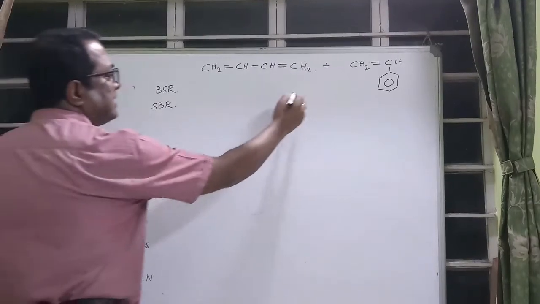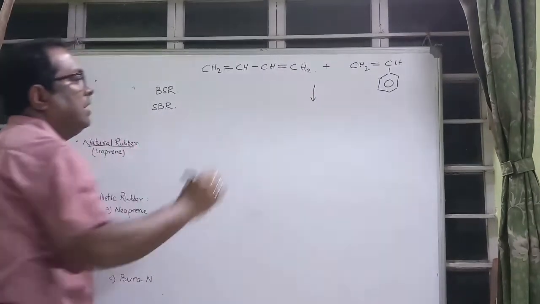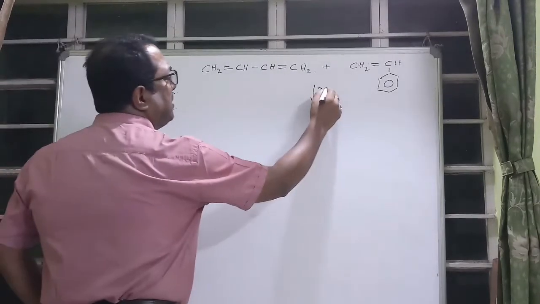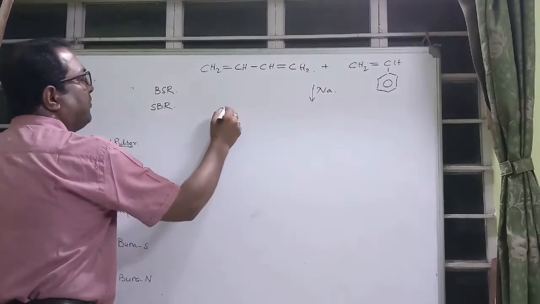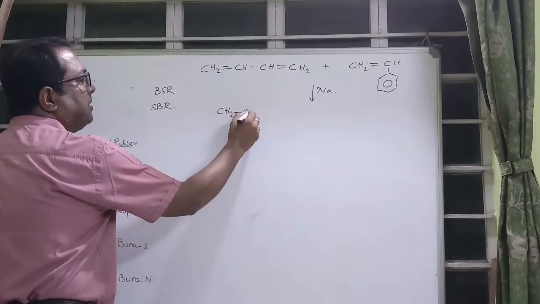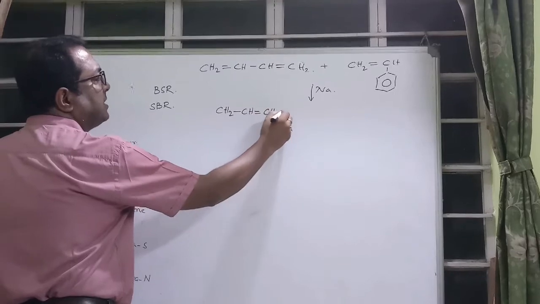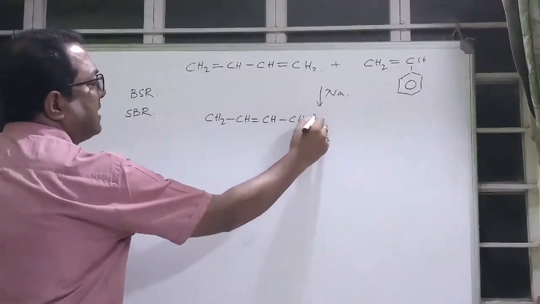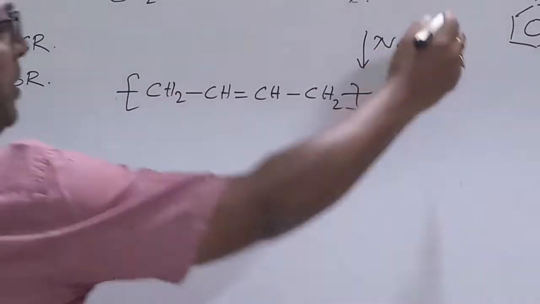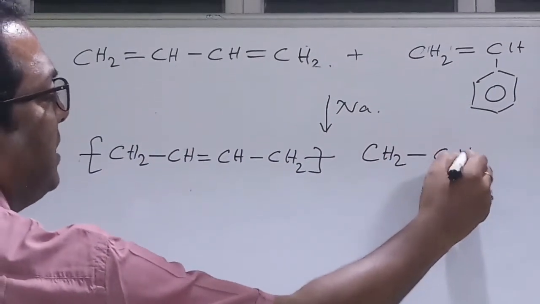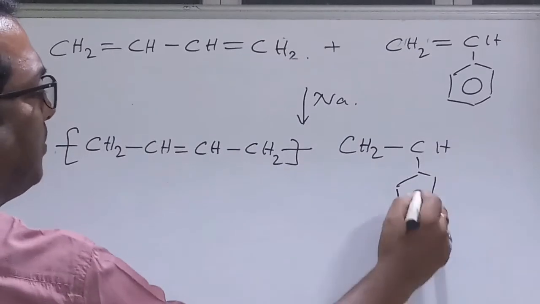So how it works, let us see, student. When you are giving sodium, in the presence of sodium and the pressure and temperature, it forms here CH2 single bond CH double bond CH, single bond CH2 opens the hand to join with the styrene CH2 single bond CH and the benzene group.